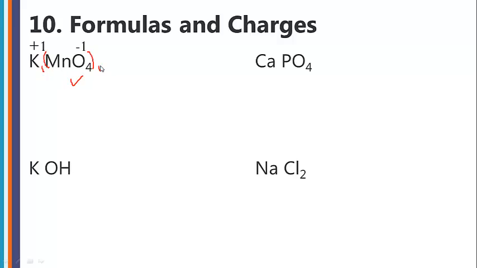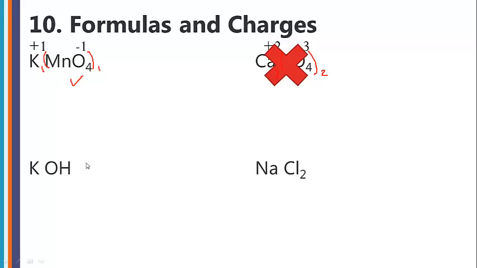So this one is good. For CaPO4, PO4 is a polyatomic ion. The charge on calcium is plus 2, and the charge on PO4 is minus 3, which means that whenever I crisscross, I should get Ca3(PO4)2, but it's just written as CaPO4. So that is an incorrect formula.